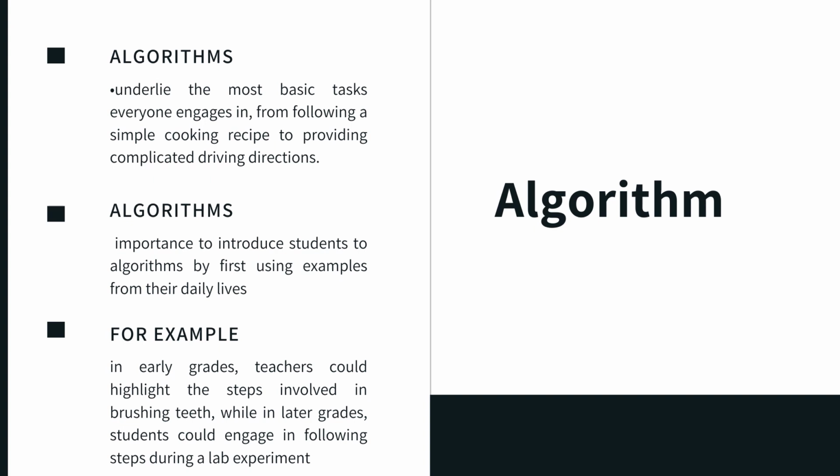When you want to cook, for example, you would follow a recipe, going step by step, adding water, and then adding sugar, and then adding whatsoever. This is step by step. It's called algorithm.